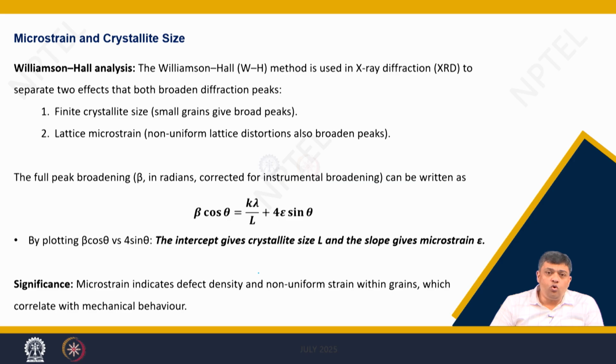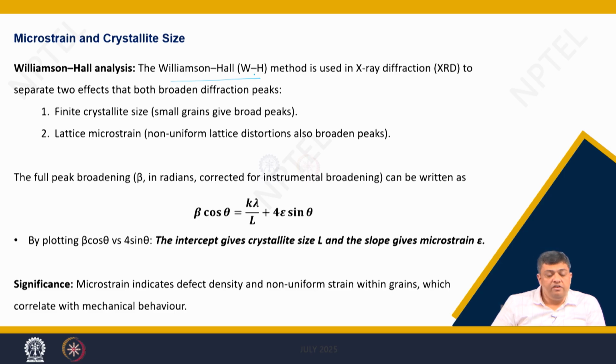If you want to now go and determine the microstrain, then the Williamson-Hall method is used, and it considers that there are two effects that result in the broadening of diffraction.